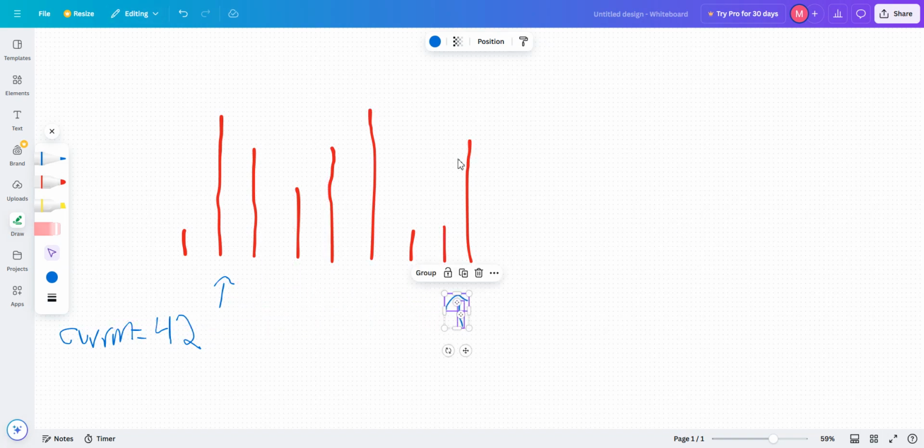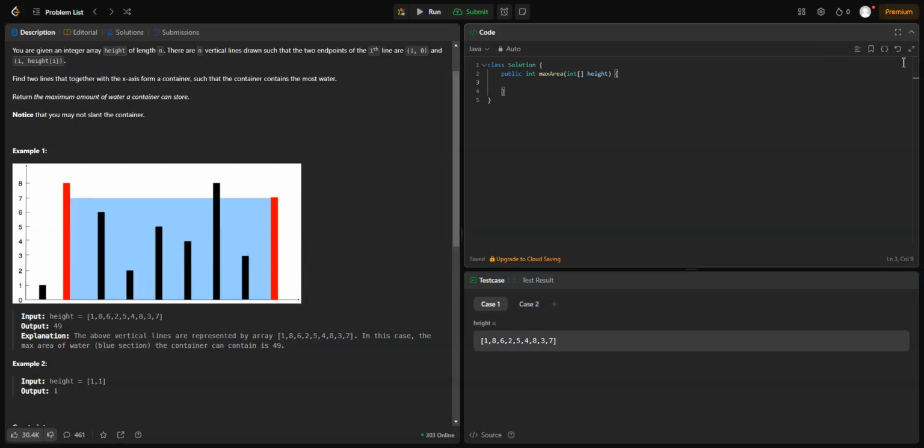Basically what we're going to do is have 2 pointers, one that starts at the head, one that starts at the tail, and we're going to keep track of a current max volume, and then increase or decrease the appropriate pointer so that we can try and find the largest value. I think that makes sense.